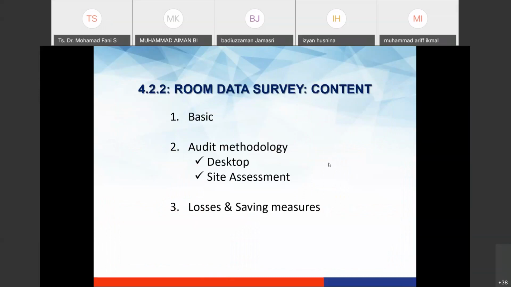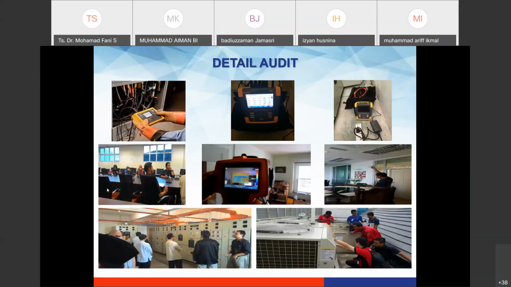Detail audits, okay. This one, the examples for the detail energy audit, the data logger here.